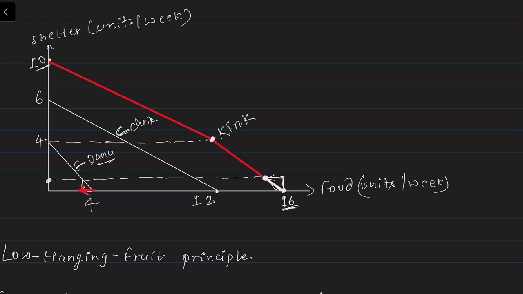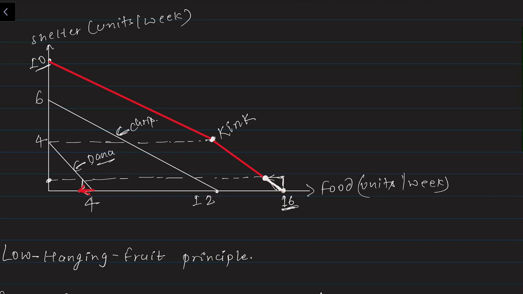Chris is still producing the food, so this line should be parallel to the PPC of Dana. Similarly, we can increase the production of shelter by more, and we'll get a straight line which is parallel to the PPC of Dana.